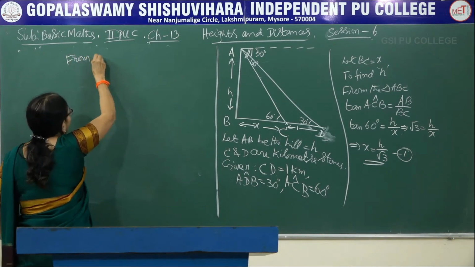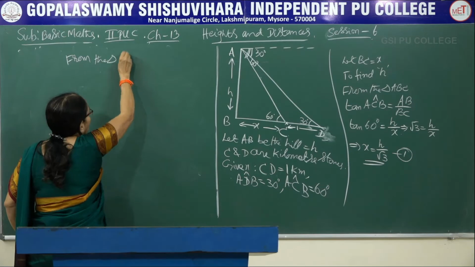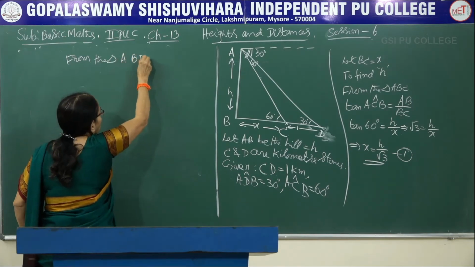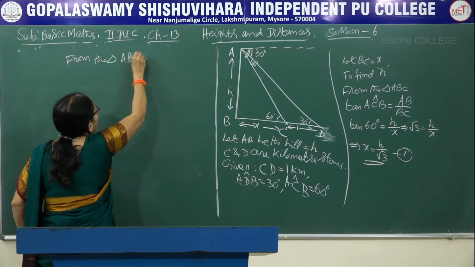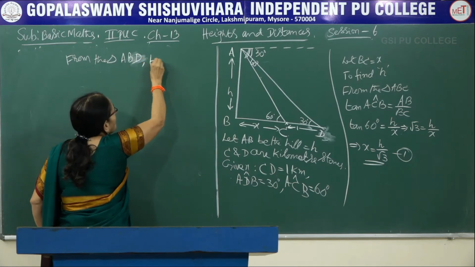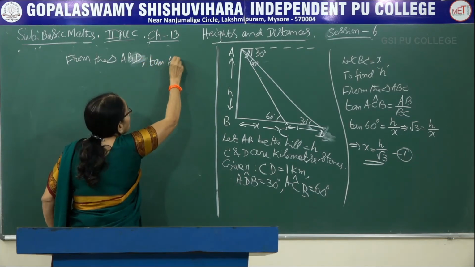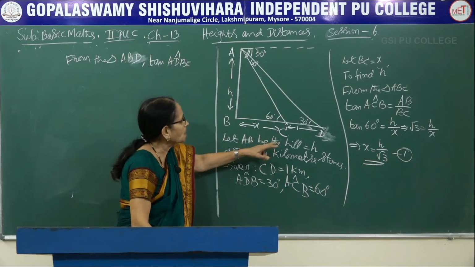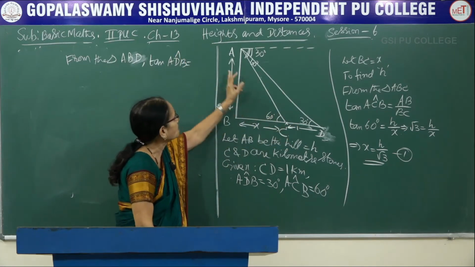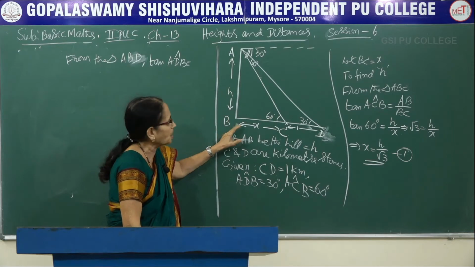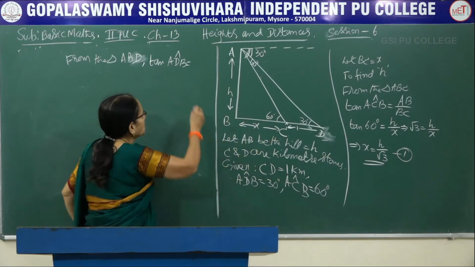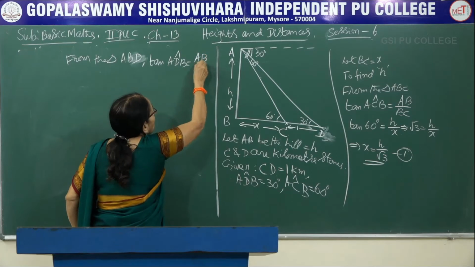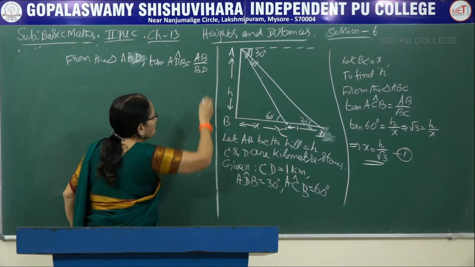From the triangle ABD, consider tan of ADB. When you take the bigger triangle, for this angle 30, AB is the opposite side and BD is the adjacent side. That is AB divided by BD.